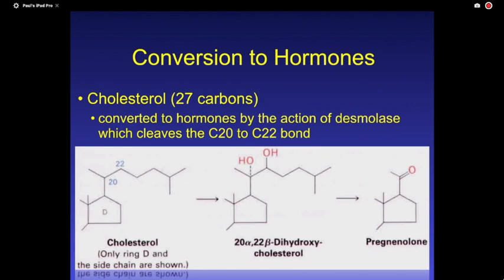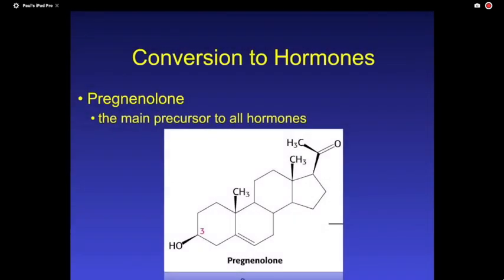If we change to the hormones, we are still hydroxylating, and we hydroxylate the 20 and 22nd position to get a dihydroxide, and then we break off the tail, that hydrophobic tail. Pregnenolone is the precursor to all of the steroid-based hormones. Whatever hormone you have that is steroid-based comes from this particular structure, shortened.